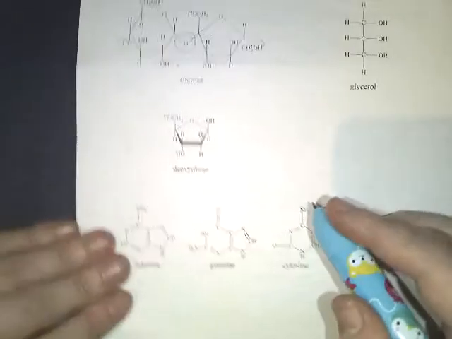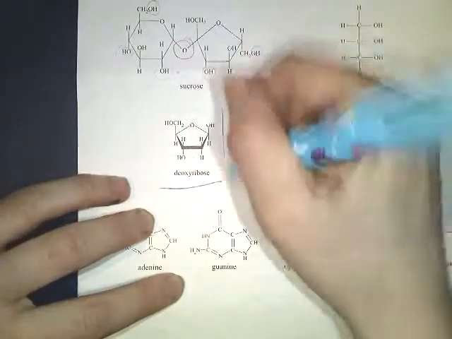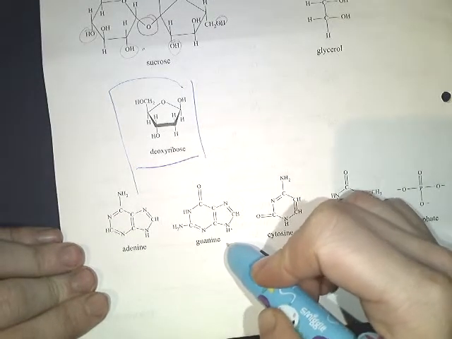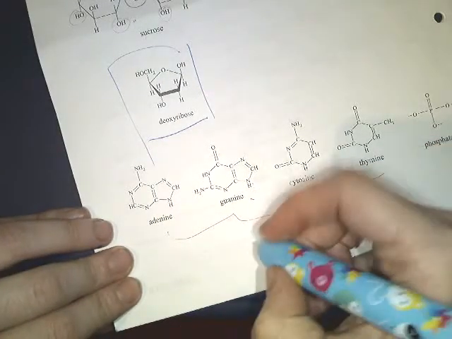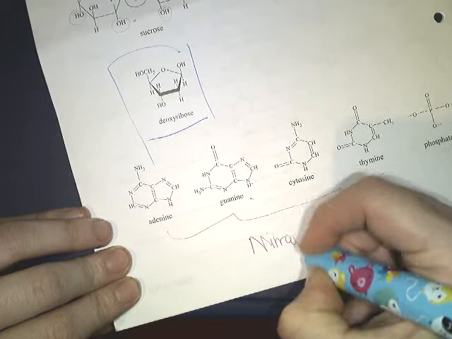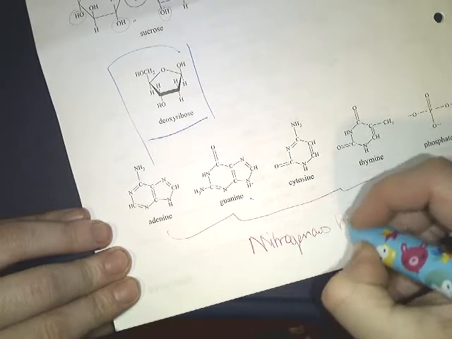The monomer is made out of three things. I'll show you where to get that from your data book. The monomer is composed of a deoxyribose molecule, a base, and a phosphate. So these four are called nitrogenous bases, and this is called a phosphate.